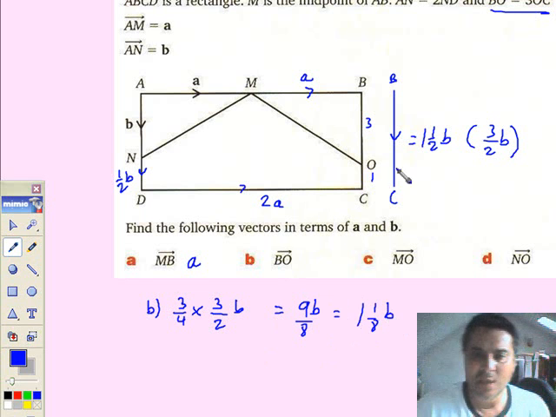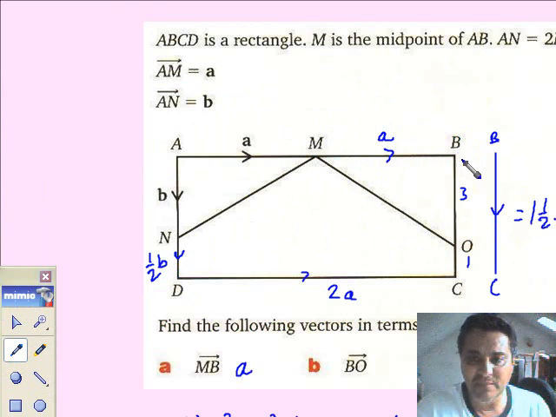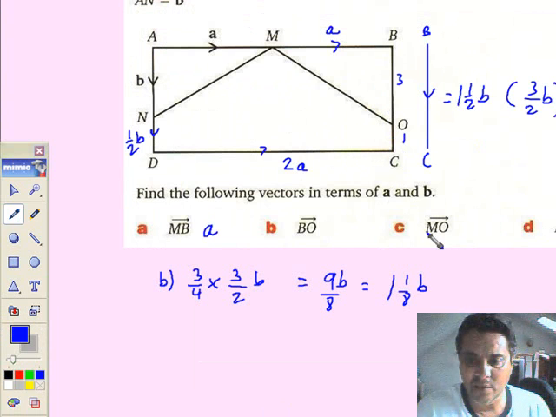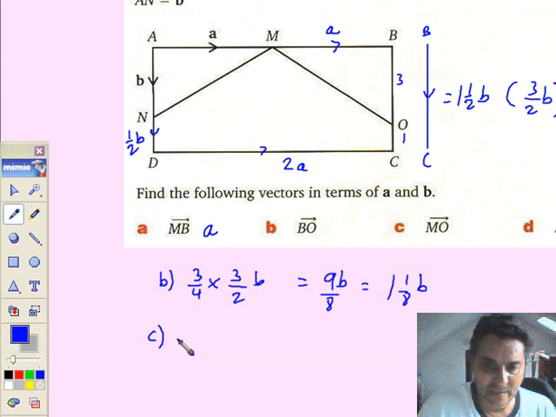Now M to O, well, how do I go from M to O? I'll go from M to B and B to O. Let's write it fully in case we get lost in the story.